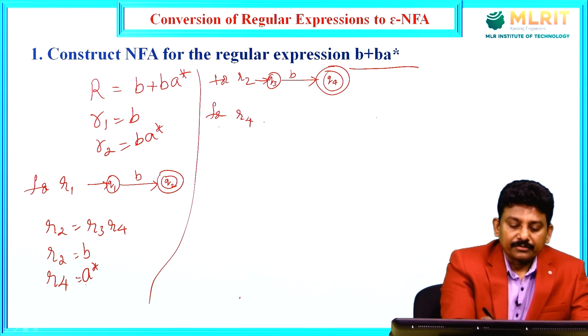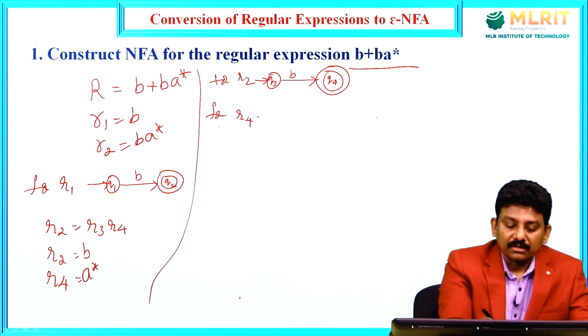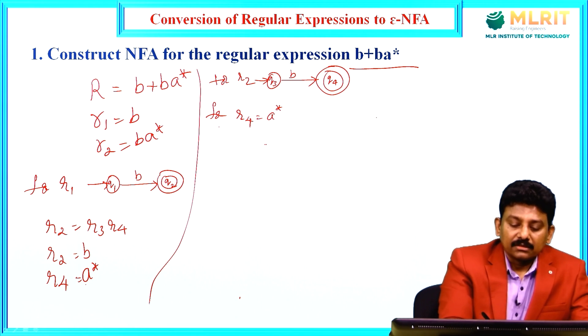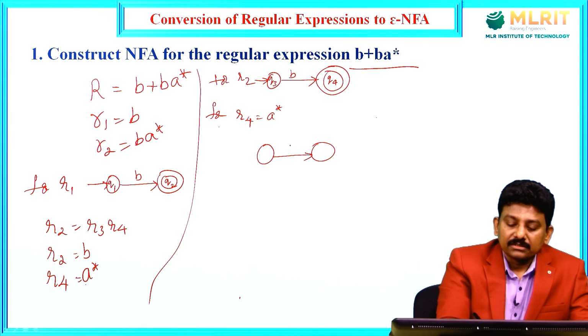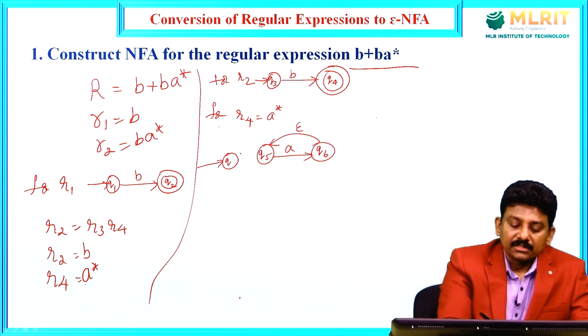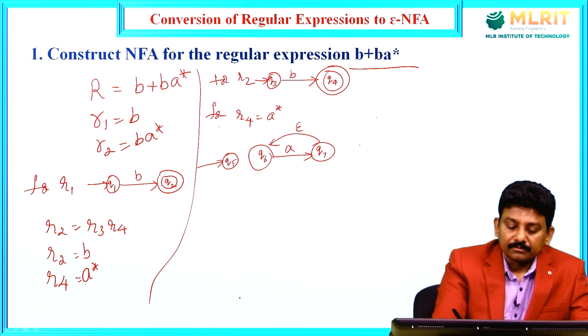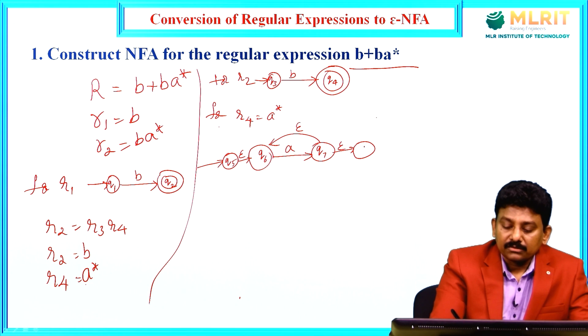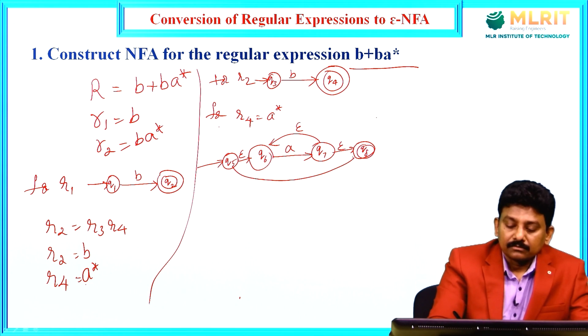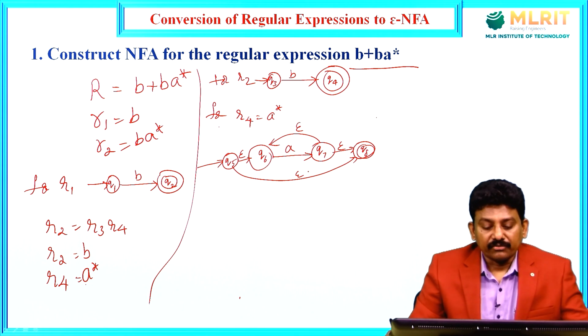For R4, which is A star, the NFA with epsilon moves is like this: Q5, Q6, a new initial state, Q5, Q6, Q7, epsilon, Q8, epsilon. This is for R4.